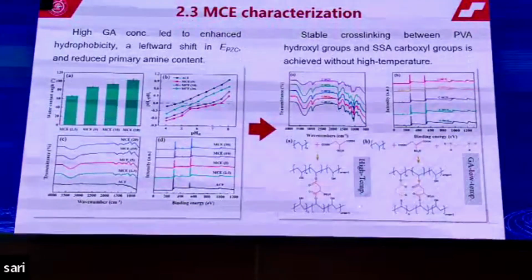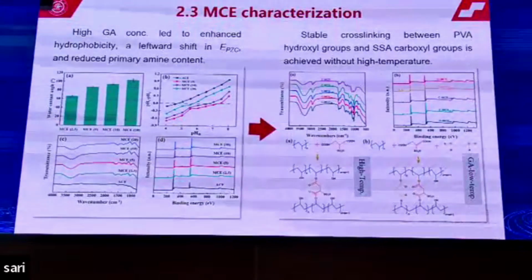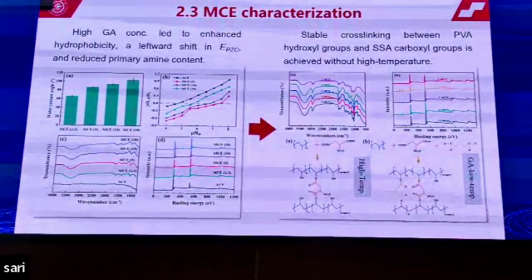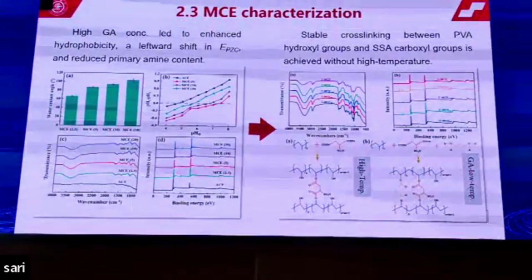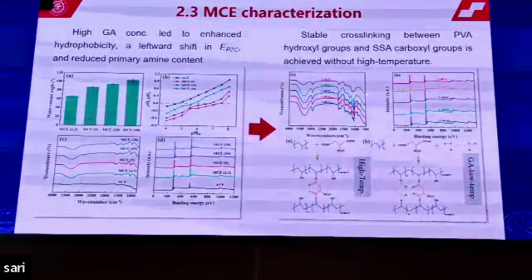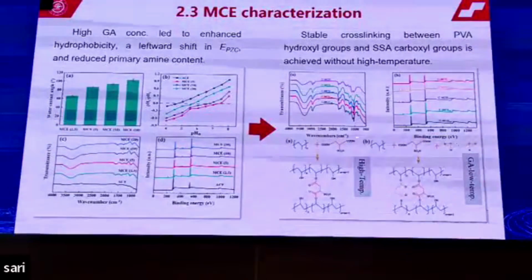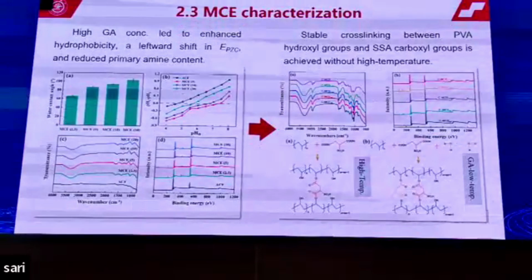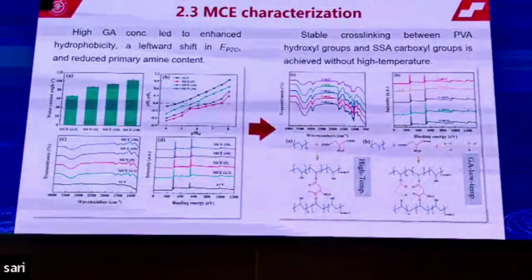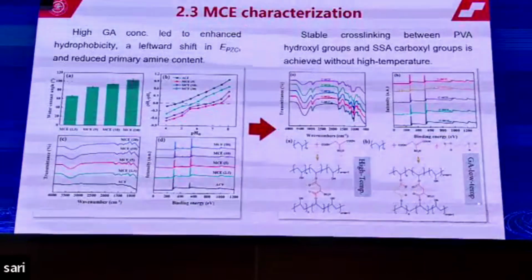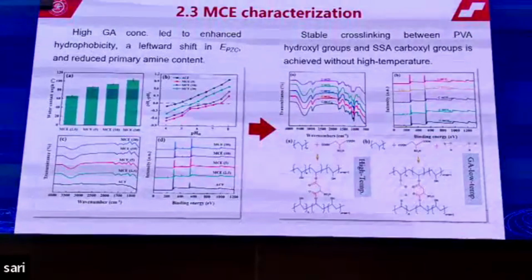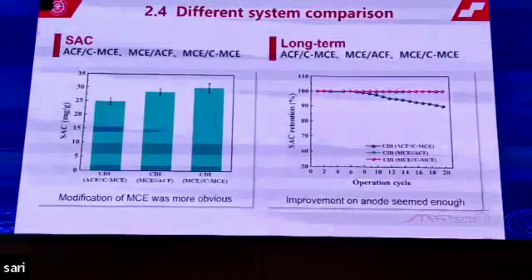At the higher temperature, we did not add the cross-linking agent, while in the low temperature condition, we added the GA as a cross-linking agent. From the functional groups, we can see that no obvious difference was observed. So we use this low temperature because we think it will be easier and maybe more stable.